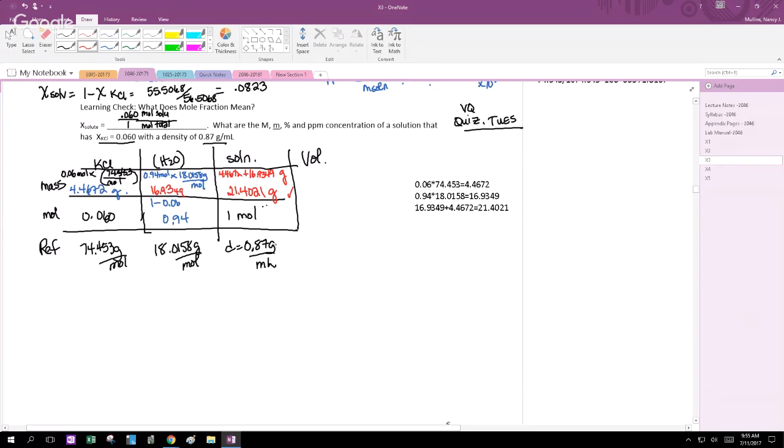I've got mass in grams, which means I can use my density to convert it to milliliters. 21.4021 grams, and I know that for every 0.87 grams, there's a milliliter. So if that's liters, 0.024601 liters.